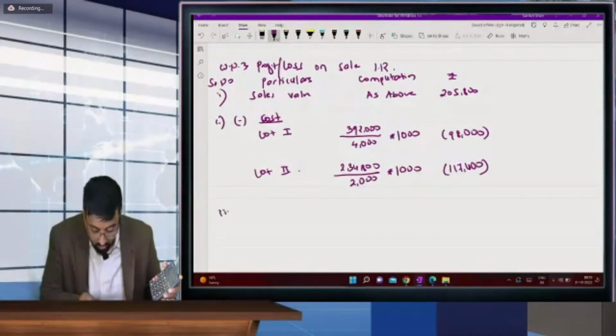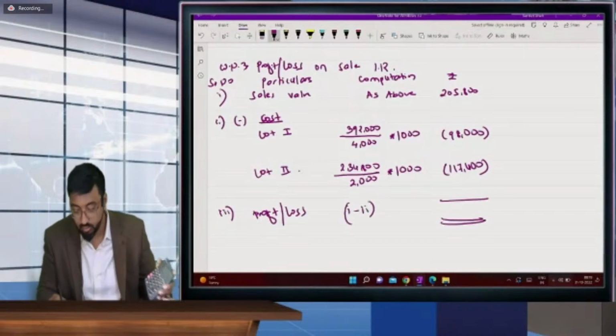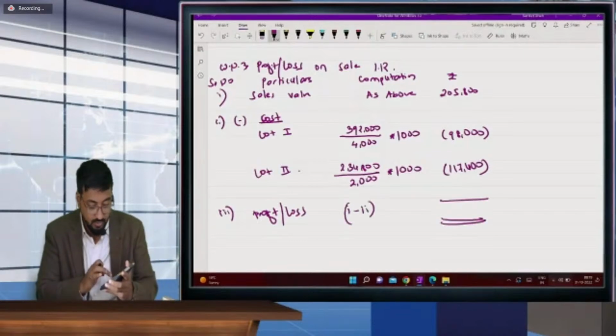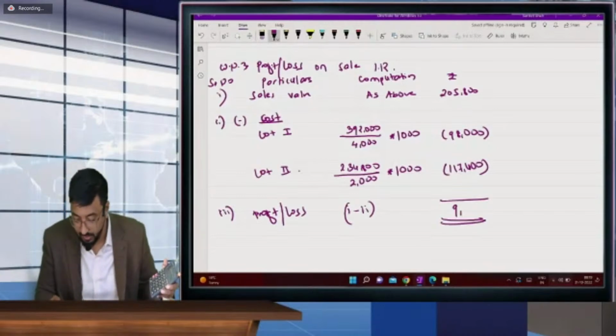And then your profit or loss is 1 minus 2. So 2,05,800 minus 98,000 minus 1,17,400. So you are in loss of 9,600.